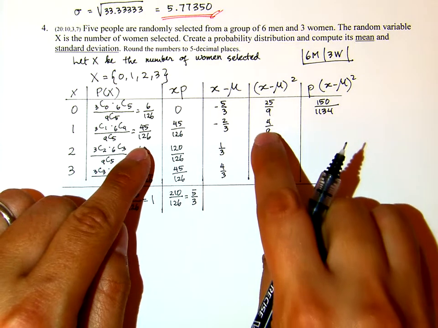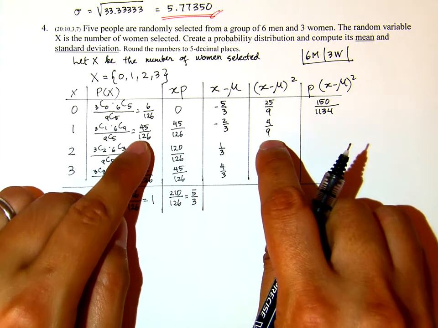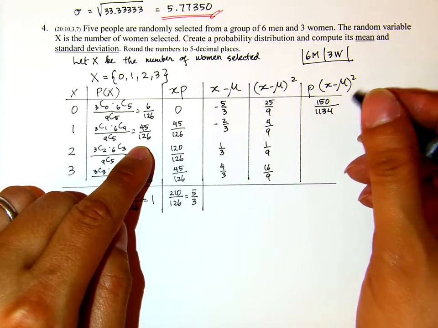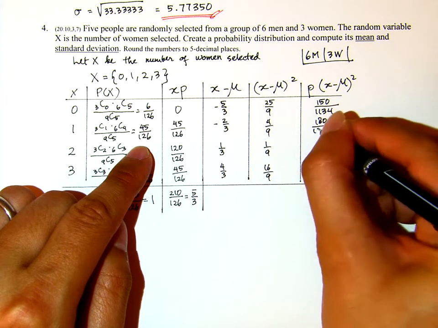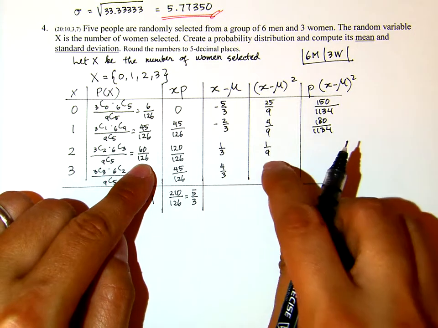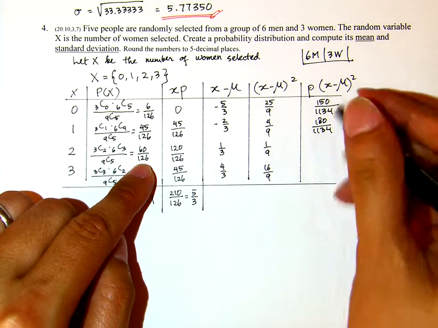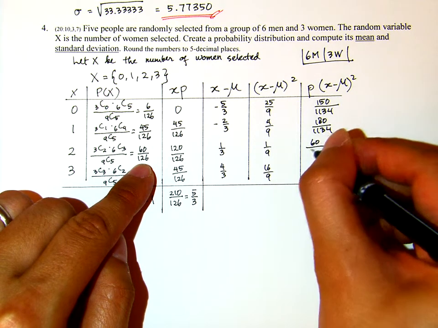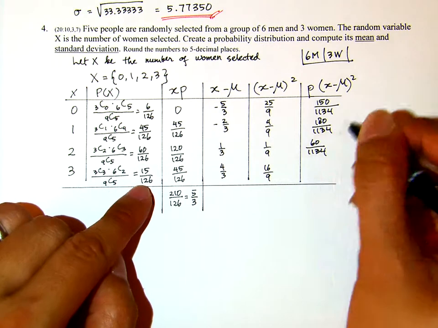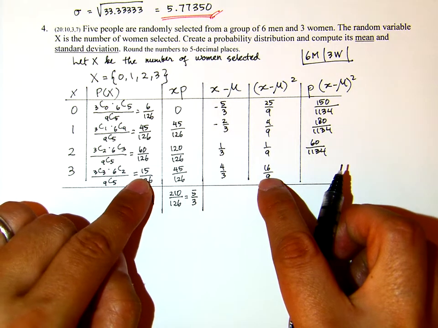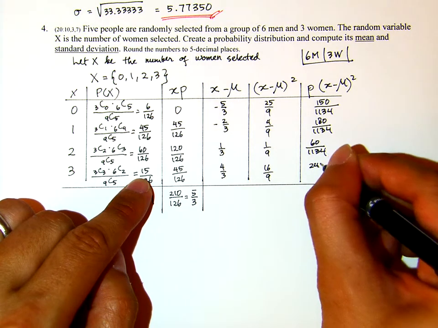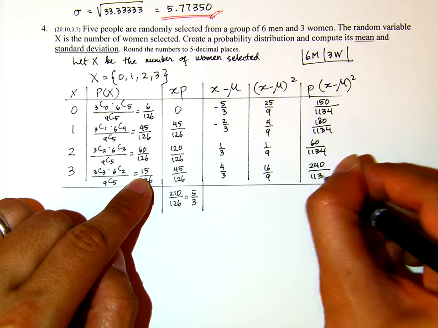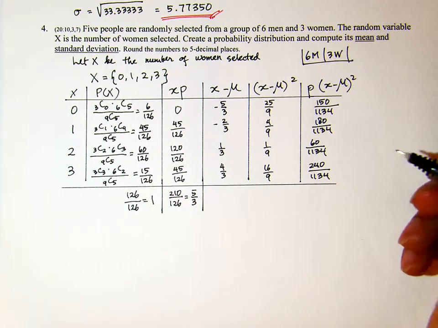Okay, and then 4 times 45 over 126. That will be 180 over 1134. Now 60 times 1 gives me 60 over 1134, and this one 16 times 15, that's 240 over 1134. Definitely it is actually reducible.